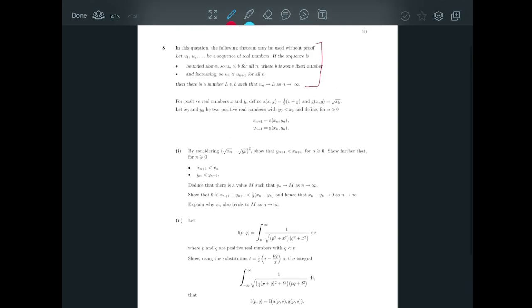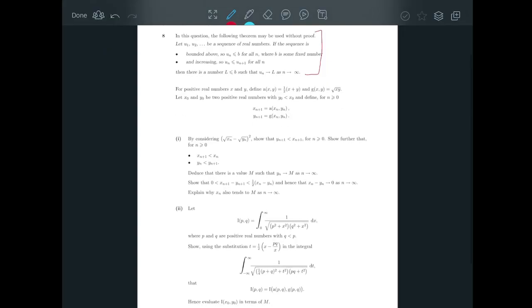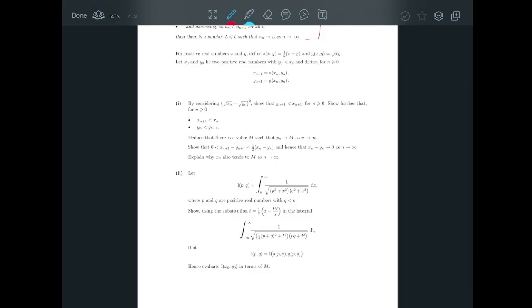If we do have a flick through, we've got some random theorem about sequences. We've defined some functions that create a recurrence relationship. We put some inequalities on those functions. We are setting some bounds to them, and then we need to do some really unpleasant looking integral.